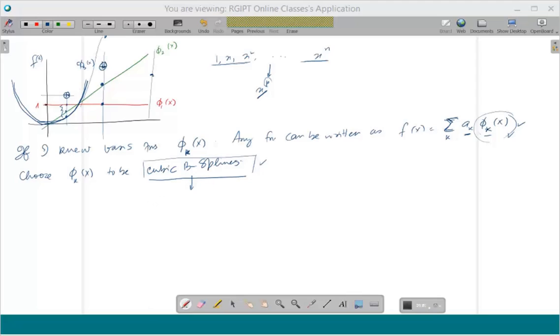It's a bell-shaped curve, but it's not a single function. It is basically a number of functions stitched together.